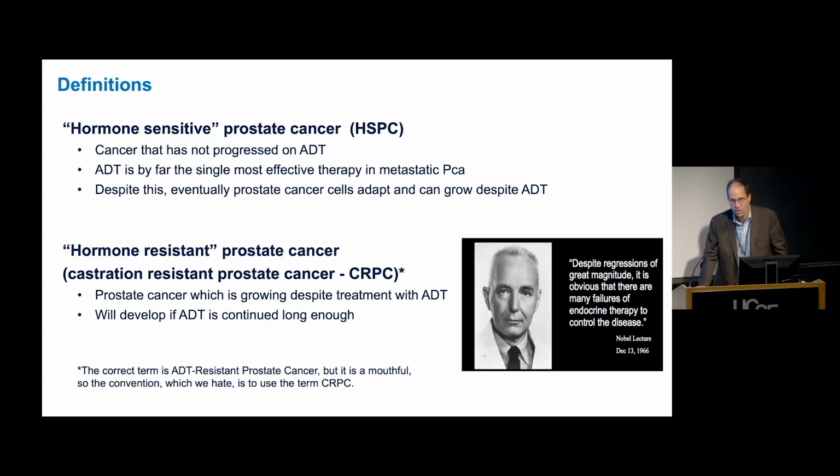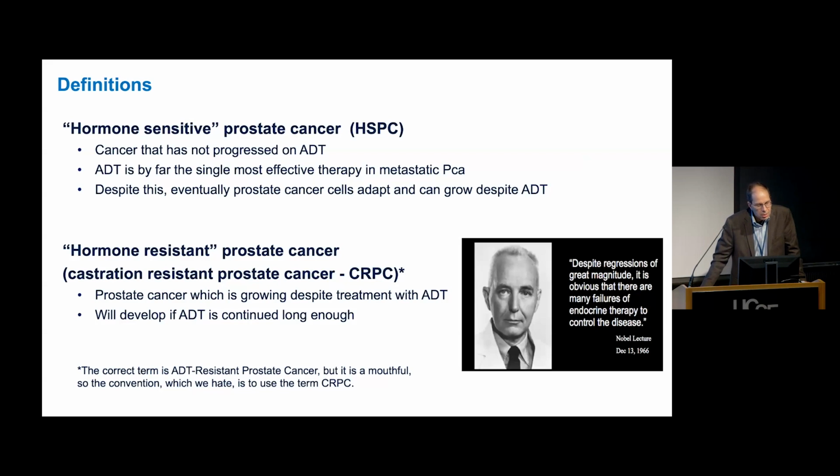So you will hear people use this awful term, which is castration resistant prostate cancer. It just comes from the history that I told you about, that Dr. Huggins first tested hormonal therapy by doing an orchiectomy, surgical removal of the testicles. So that term is stuck. And you will hear all of us, unfortunately, talking about CRPC, or castration-resistant prostate cancer.